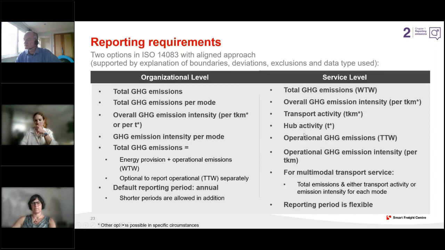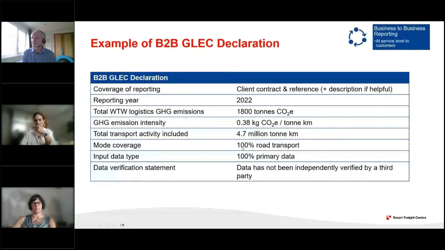And what we've done then is think back to the previous version of the GLEC framework, where we had something called the GLEC declaration, which was again intended to support the communication between supply chain partners, and thinking about the difference between the previous version of the GLEC declaration and the ISO reporting.